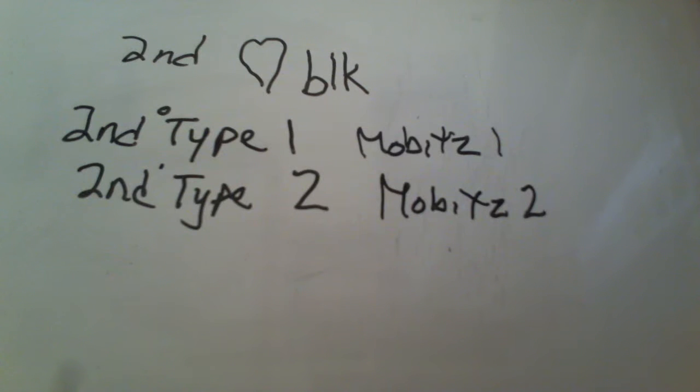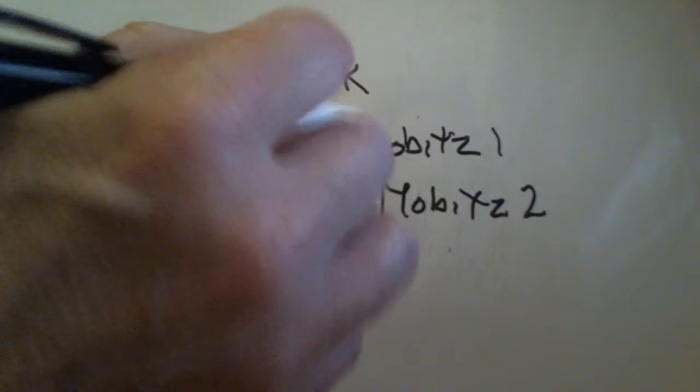Now, second degree type 1 also has another name, and it is after the German doctor that discovered it, and it is called Wenckebach.